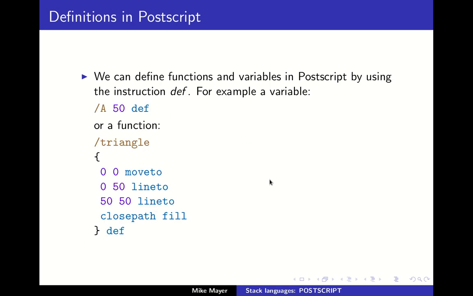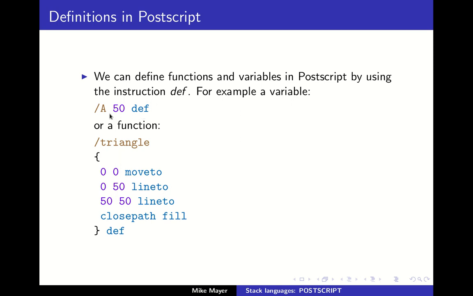Okay, we can also define our own functions. That's also a very interesting feature of PostScript and Forth. So in PostScript it works like this. In PostScript it doesn't make a difference if we define a variable or we define a function. Basically we assign a name to some content, and at the end we have the keyword def that defines this function.